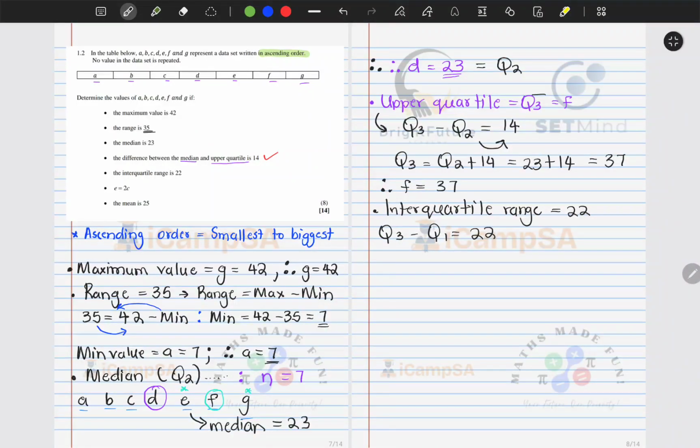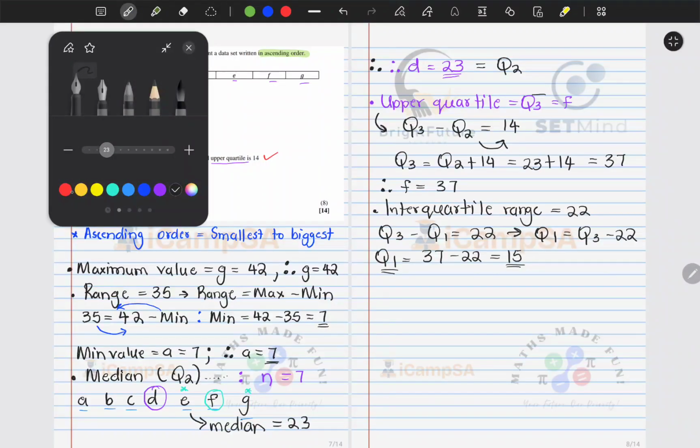So we can solve for Q1, where Q1 can be gotten by doing Q3 minus 22. So our Q1 will be, Q3 is 37, so we have 37 minus 22. If you observe carefully, 37 minus 22, you end up getting 15. And that becomes your Q1.